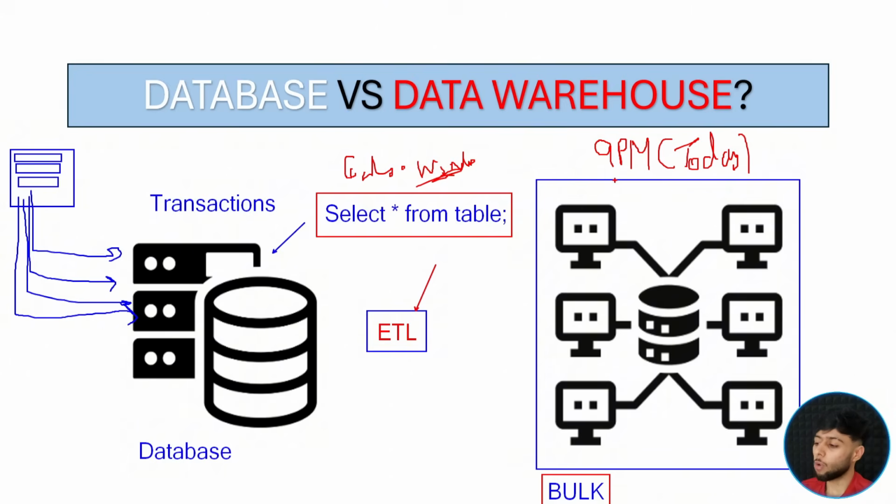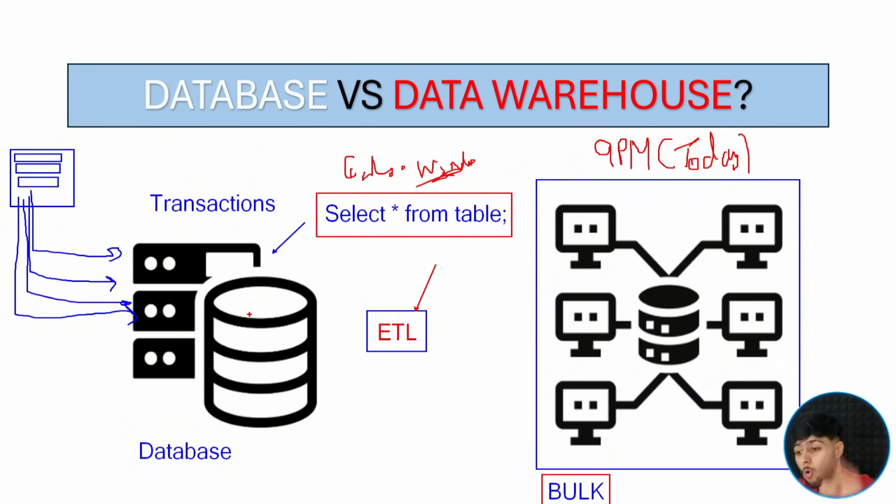Okay, so now this data warehouse will say, day after tomorrow, hey bro, just give me the data after 9 p.m. yesterday till now. Now means today 9 p.m. So it will say, do you have any new records? So database will say, yeah, I received 500 plus records today. So it will say, hey, just give it to me.